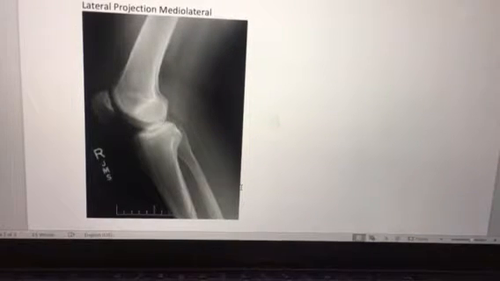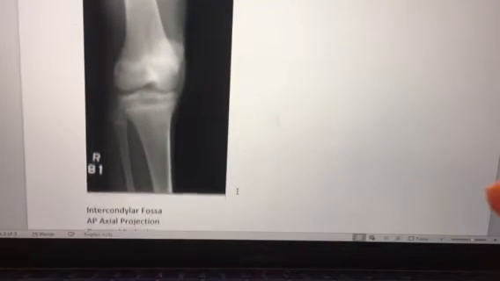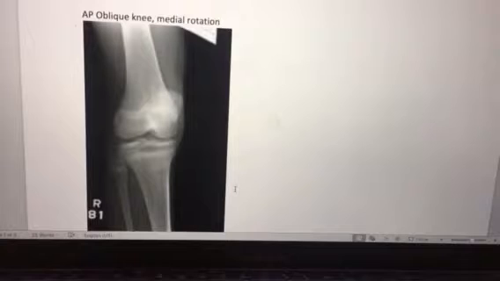So that is my lateral projection. And then we would go down to my oblique with medial rotation. And for that one, you would want, again, your central ray to be 1 inch inferior from the patellar apex. And you would also angle your tube depending on the centimeter of the patient.